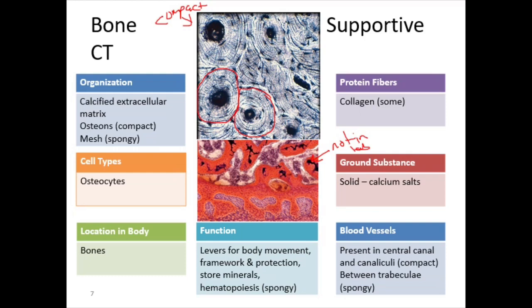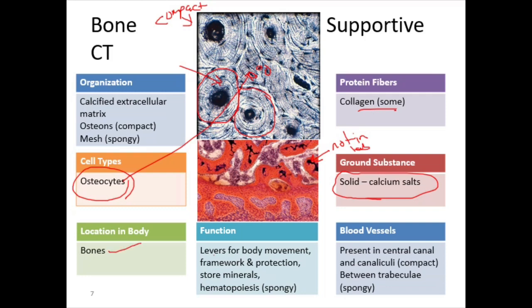There's some collagen, which is going to be in the organic matrix. We'll talk about how there's osteoid laid down before. We'll get to that in Chapter 7. The cell type, all of these little black cells here, are osteocytes. These form our bones. Of course, we're using that for body movement, framework, protection, also storing minerals.